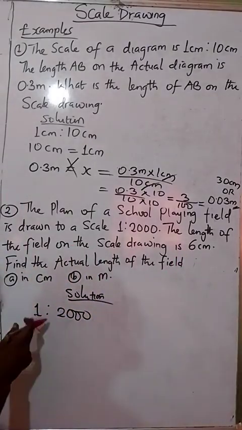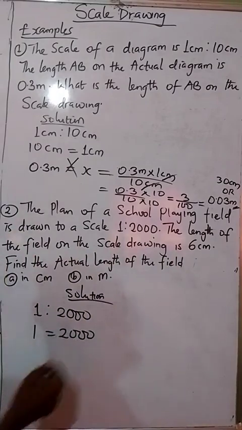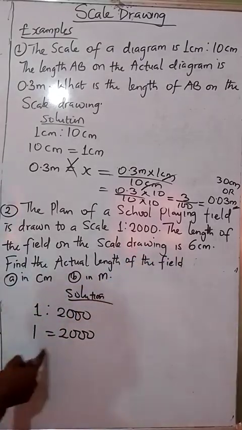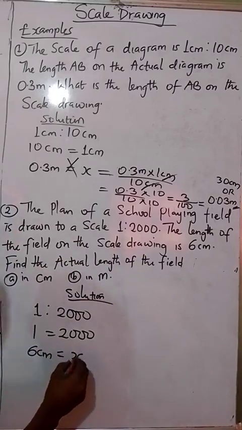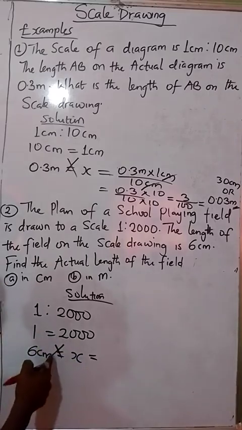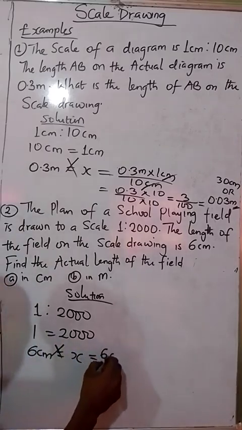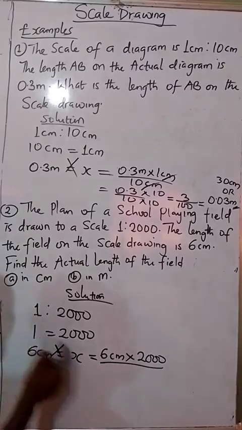So my 6 is the scale. I just say 1 equals 2000. Under the scale drawing, 6 centimeter equals x. Then my x will be equal to 6 centimeter times 2000 over 1.